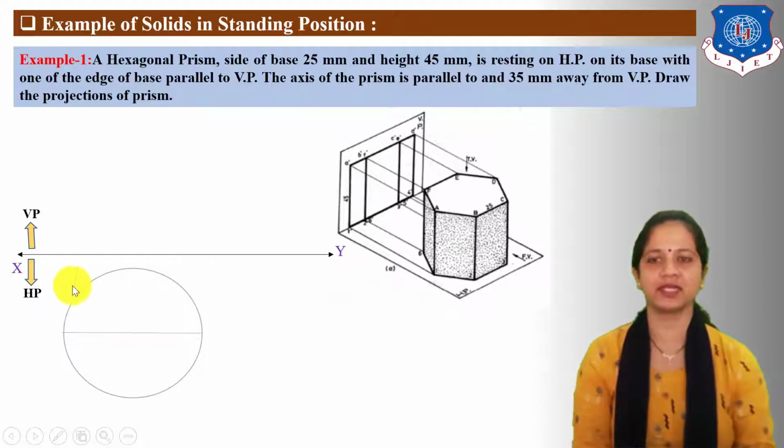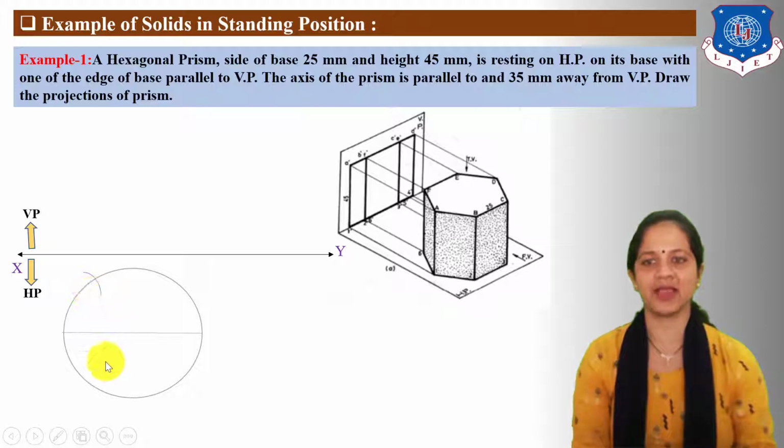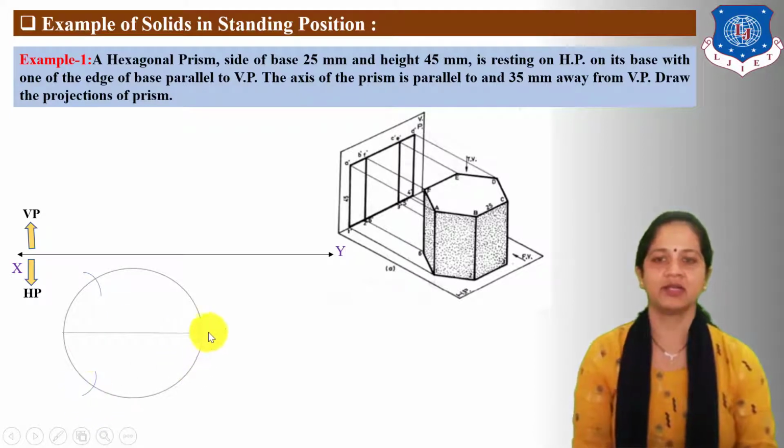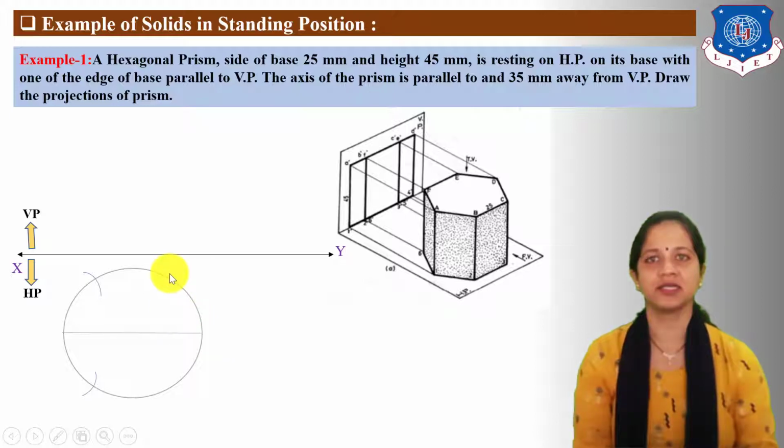From this point, cut two arcs having radius 25 mm, one arc above this diagonal and another arc below this diagonal. Same from this point, cut two arcs, radius 25 mm, one arc above this diagonal line and another arc below this diagonal line.